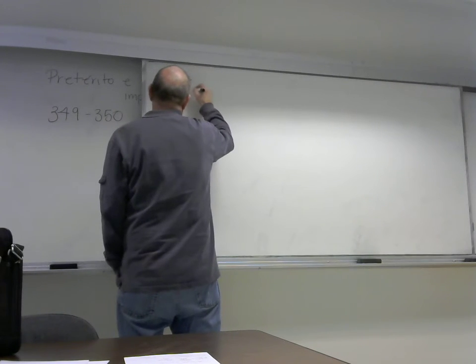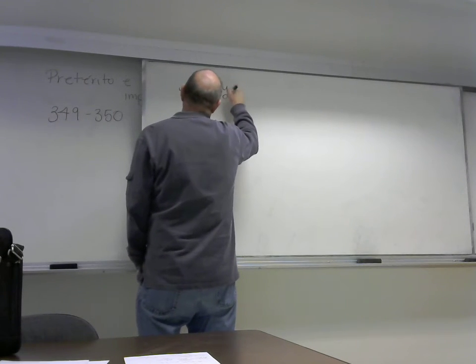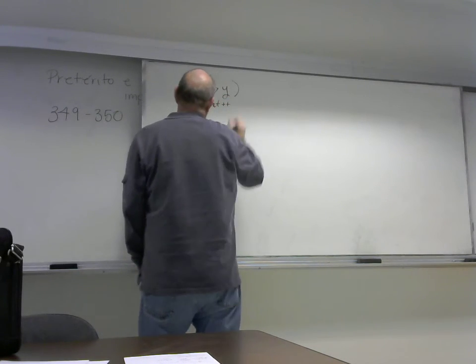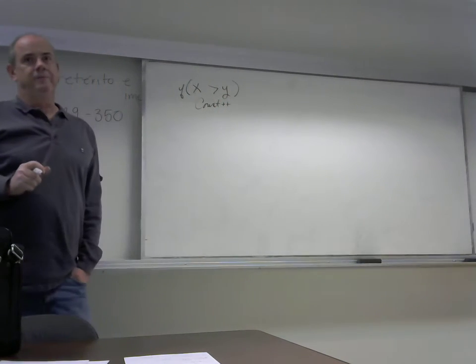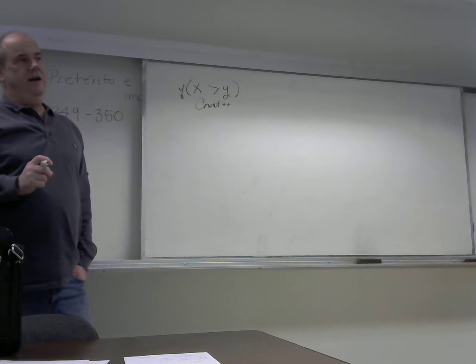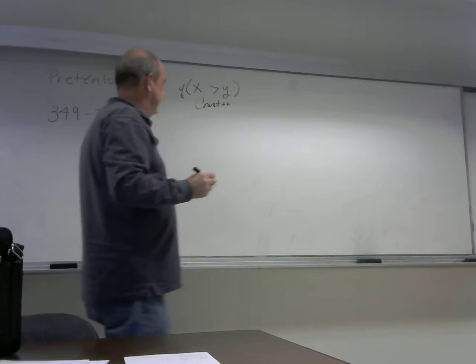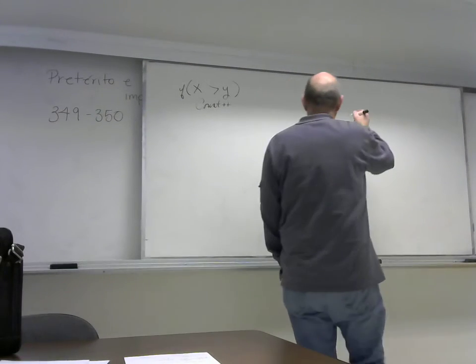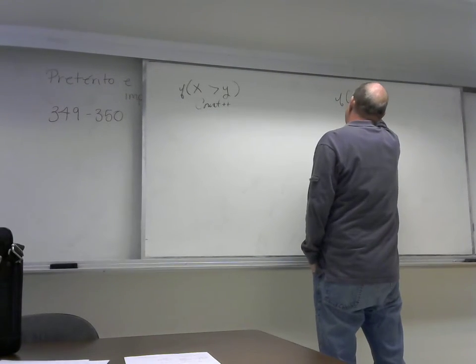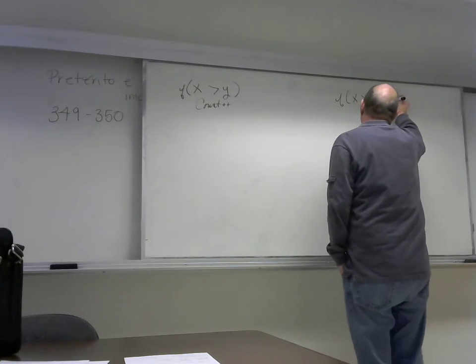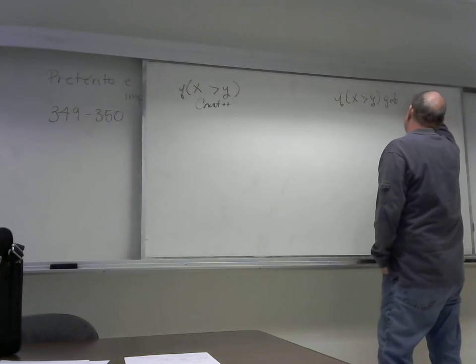If x is greater than y, then count plus plus. Just do this as a simple example. Many students would write it this way. It's pseudocode. If x is greater than y, go to increment.